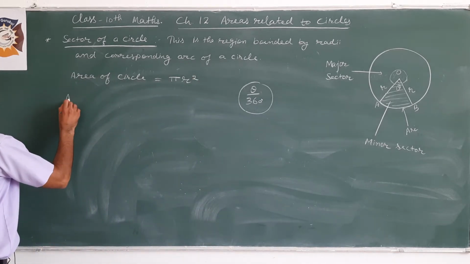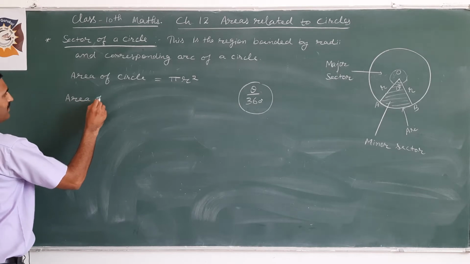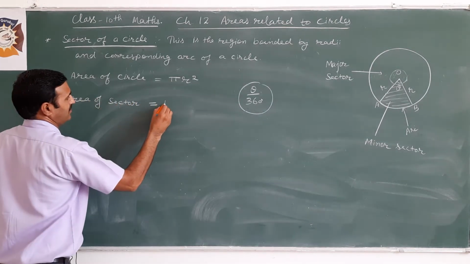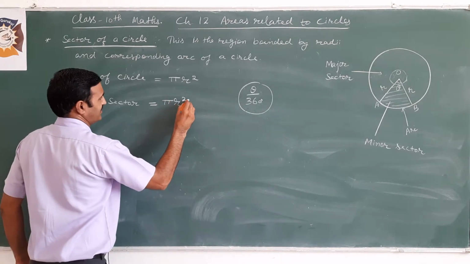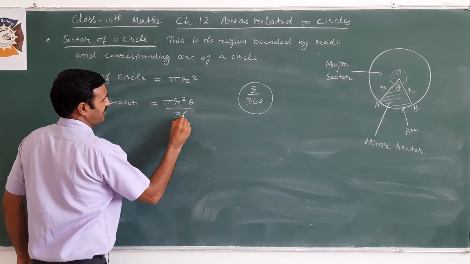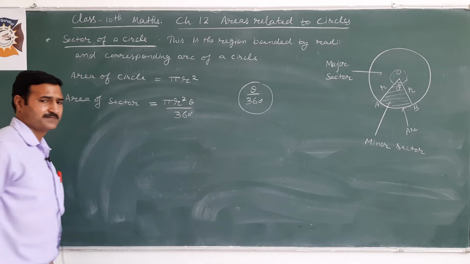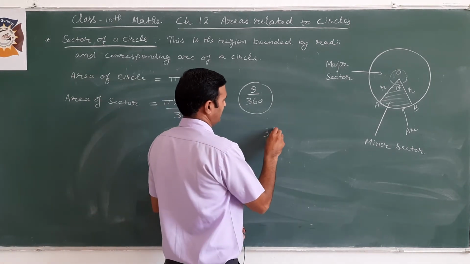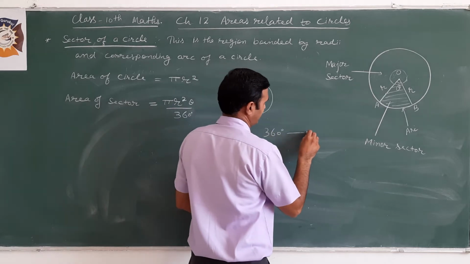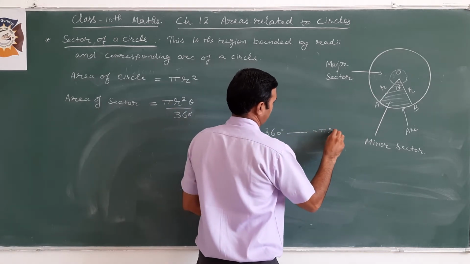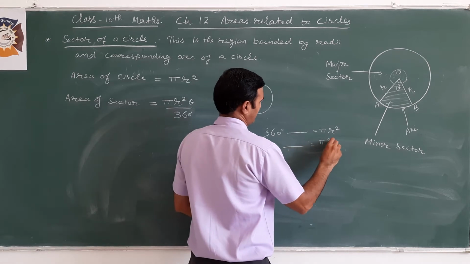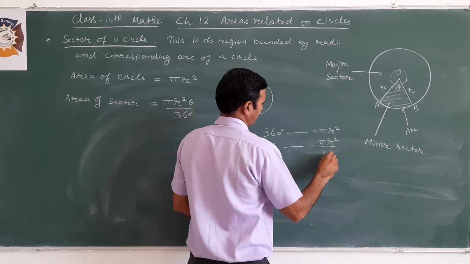So area of sector is pi r square theta upon 360 degree. For 360 degree, we have the area pi r square. For 1 degree, we have the area pi r square upon 360.